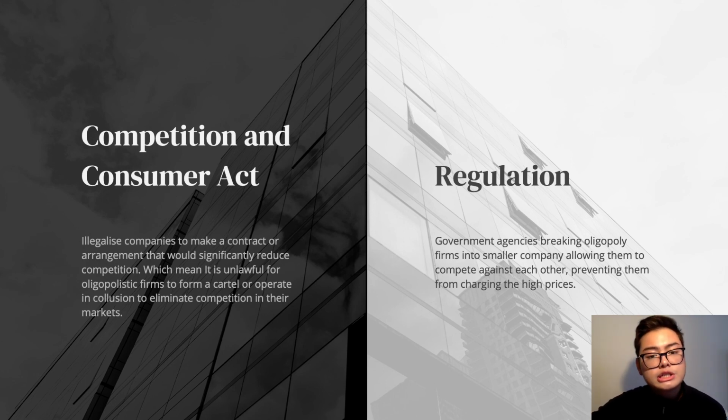The regulation can also break oligopoly firms into smaller pieces, and that will allow them to compete against each other, preventing them from colluding and jacking up their prices, and will be better for consumers and also for the economy.